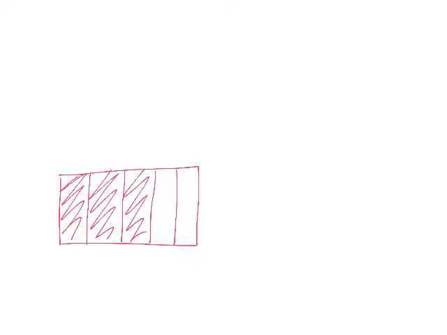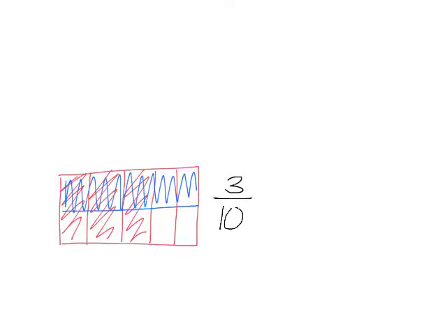And then with the blue, I'm going to represent 1/2. Just from my model, I can tell that I have 1, 2, 3 sections that are overlapped in the same color, out of 1, 2, 3, 4, 5, 6, 7, 8, 9, 10 pieces in my entire rectangle.